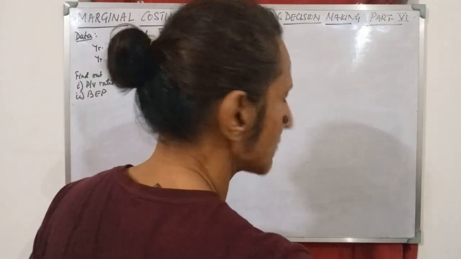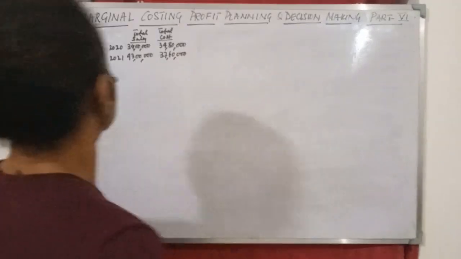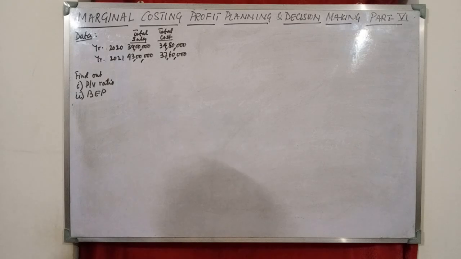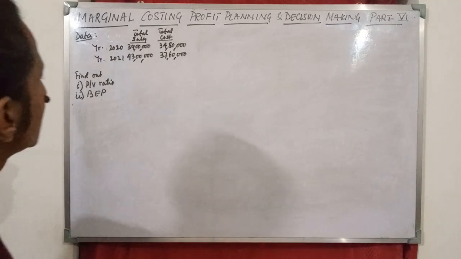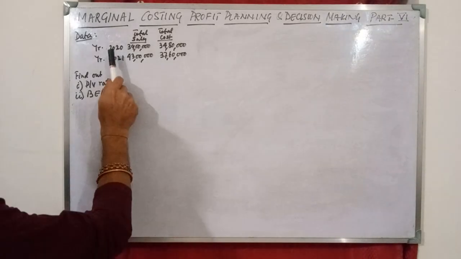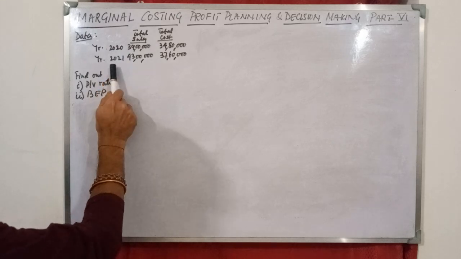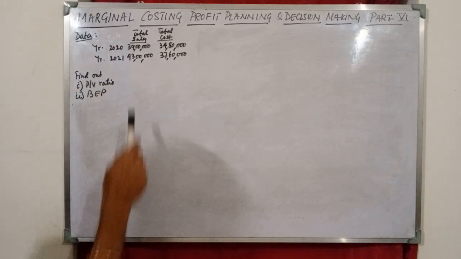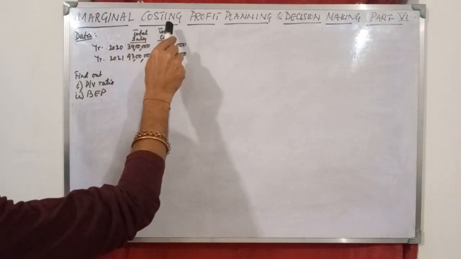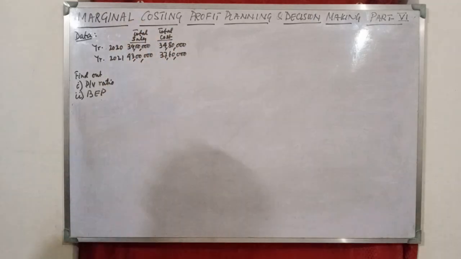What is the problem? The data for 2 years are given, year 2020 and year 2021. Here is total sales and in this column is total cost.